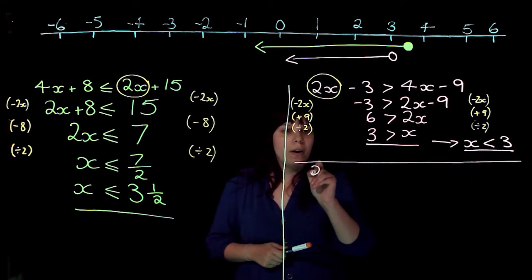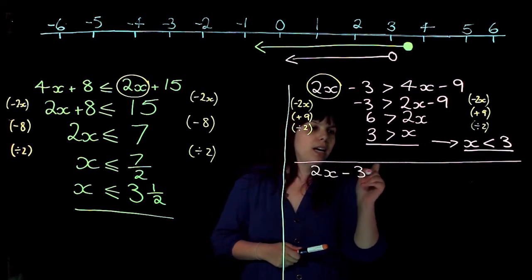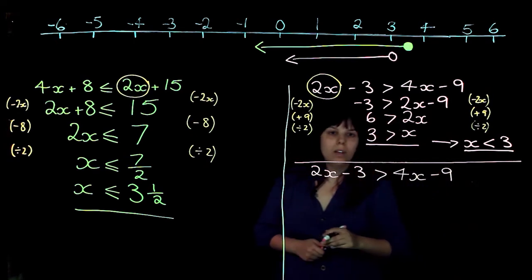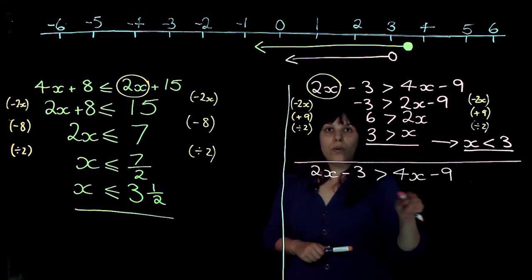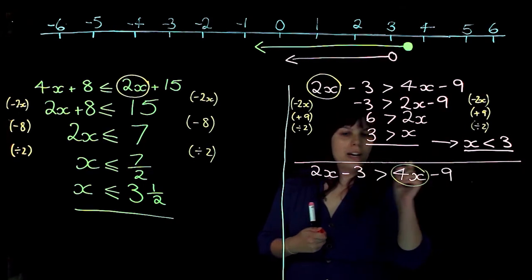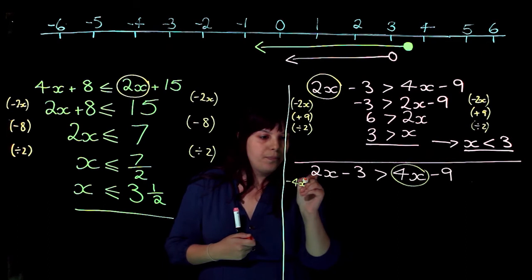So if I rewrite my question, 2x minus 3 is bigger than 4x minus 9. Okay, so let's take away our 4x. So subtract 4x from both sides.